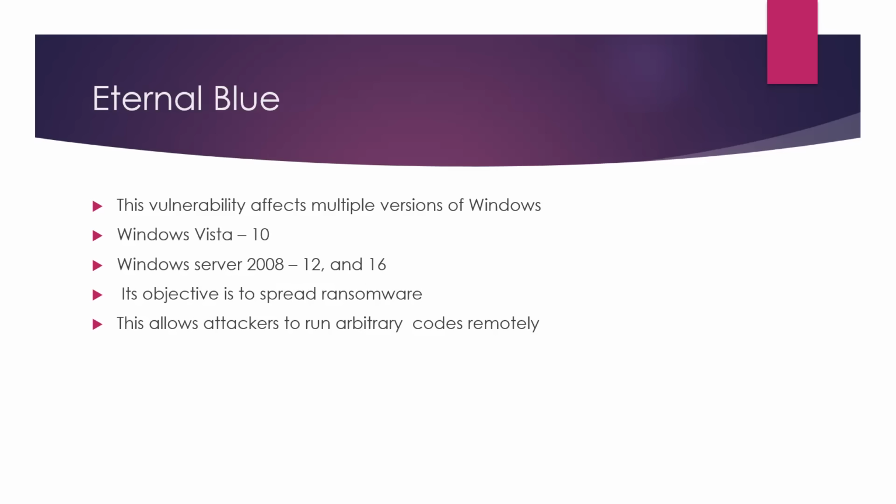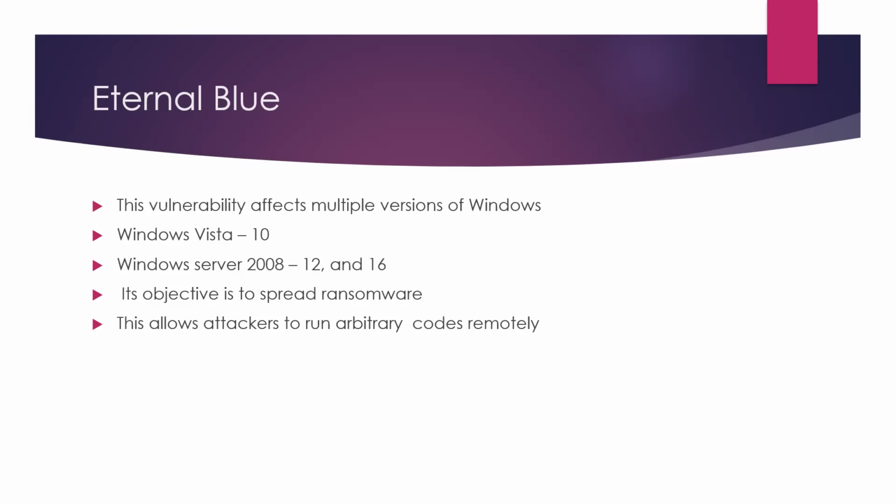EternalBlue was used in the WannaCry ransomware attack in 2017, and in March 2017 Microsoft released a patch to tackle this vulnerability. If you're someone that doesn't install patches, you need to make it one of your practices to install patches and save yourself from being attacked or being used as a scapegoat.